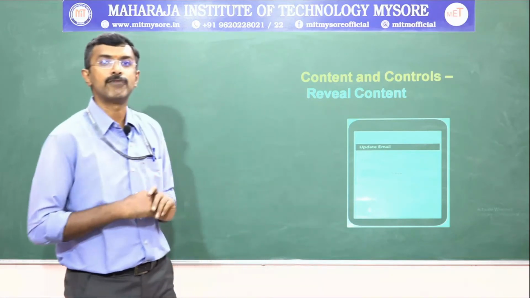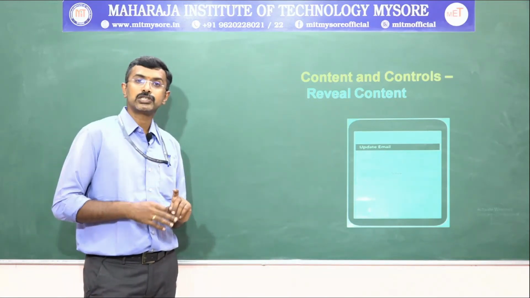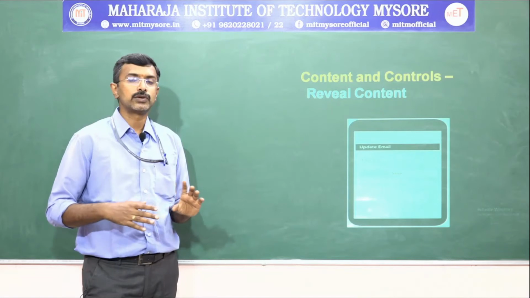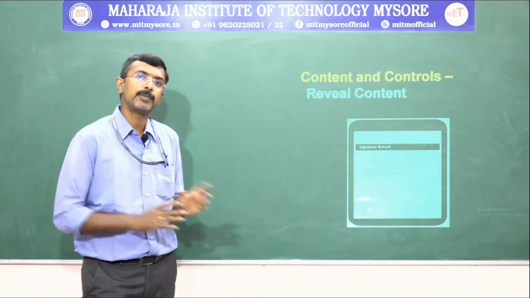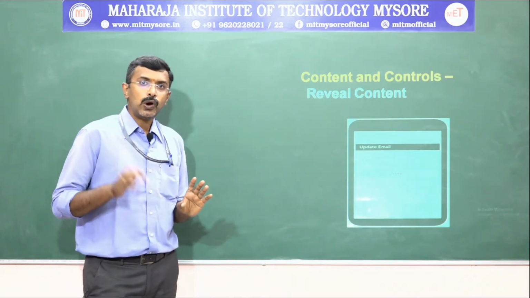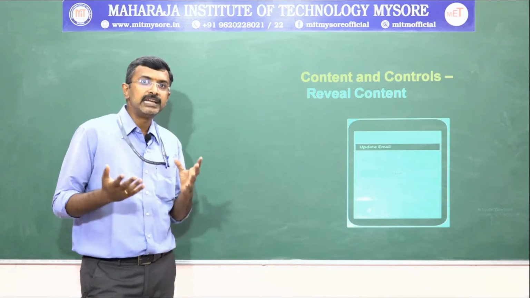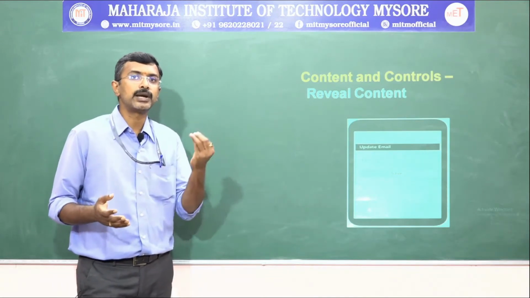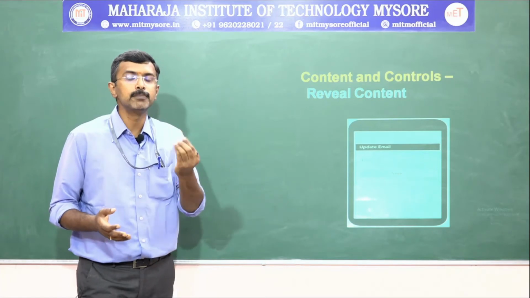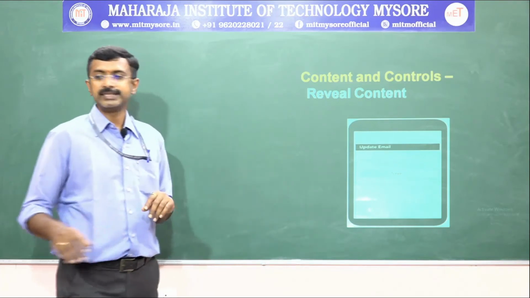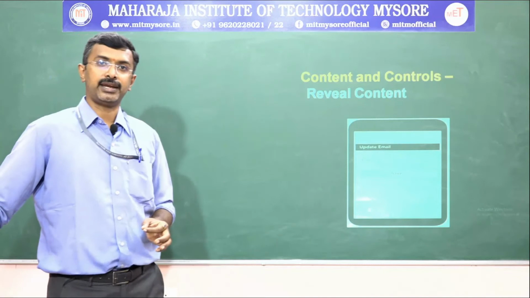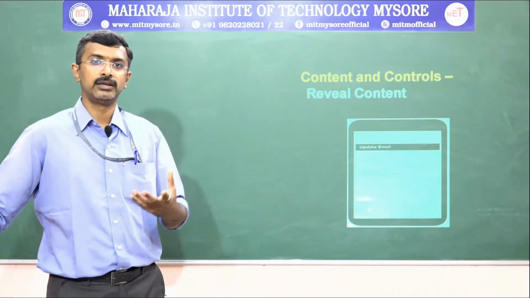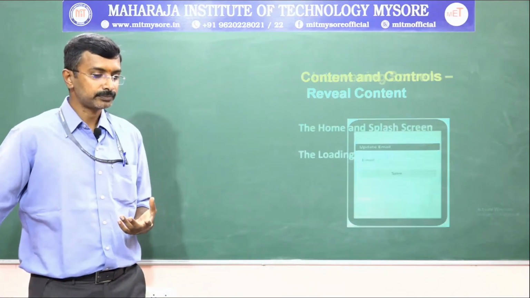That's the right way of showing the information. Even the error detection has to be done the right way, or else the user will keep on searching and get fed up and go away. So what you are showing should be interesting and required. It should be conveyed in very simple words. So this is nothing but revealing content, what you want to reveal. So that is the information.